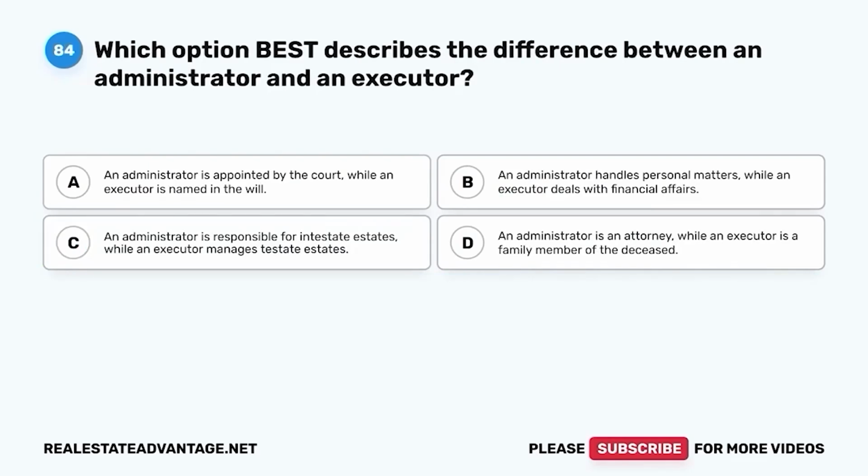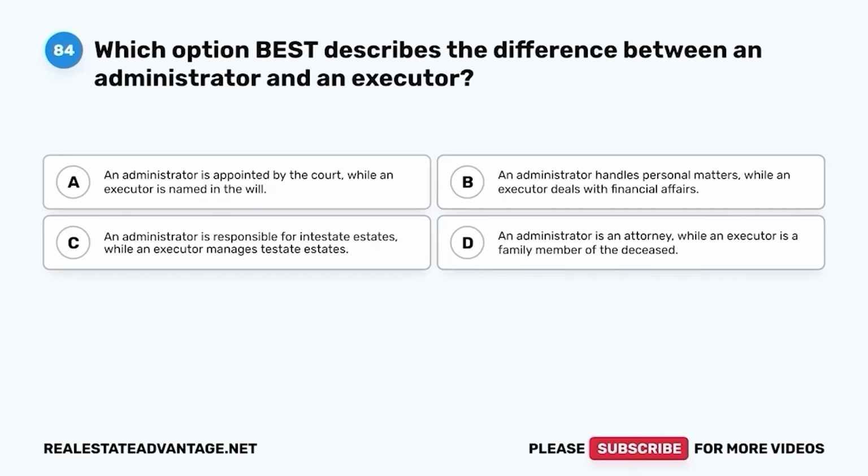Question 84. Which option best describes the difference between an administrator and an executor? A. An administrator is appointed by the court, while an executor is named in the will. B. An administrator handles personal matters, while an executor deals with financial affairs. C. An administrator is responsible for intestate estates, while an executor manages testate estates.